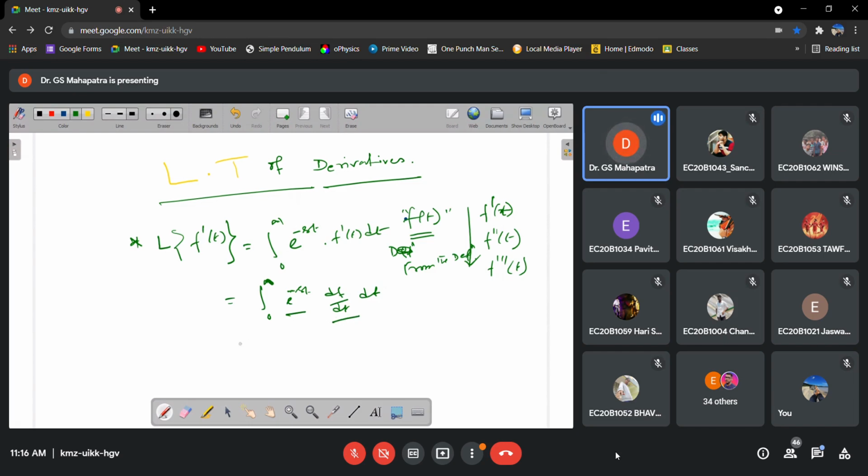If we consider integration by parts, what we will get?